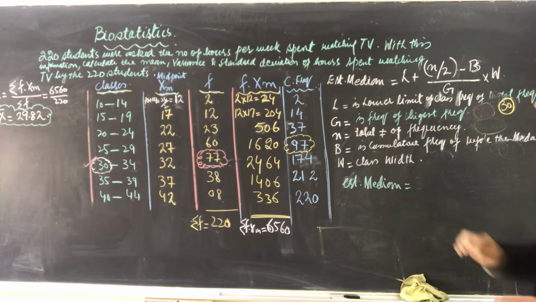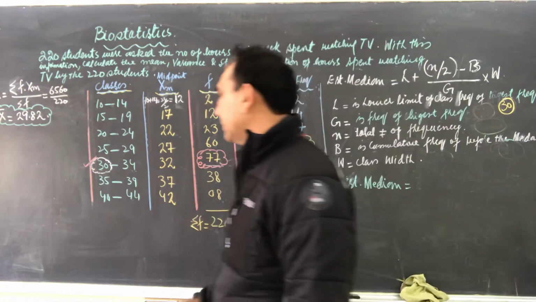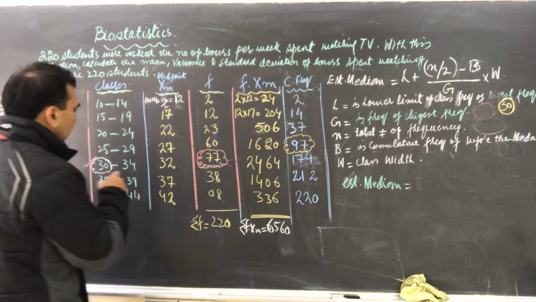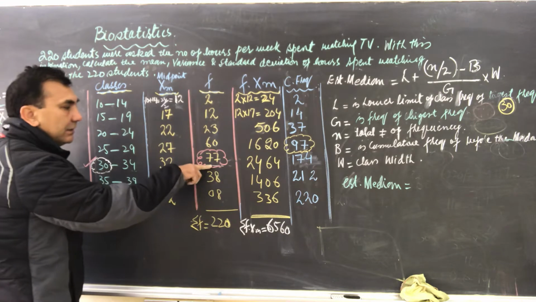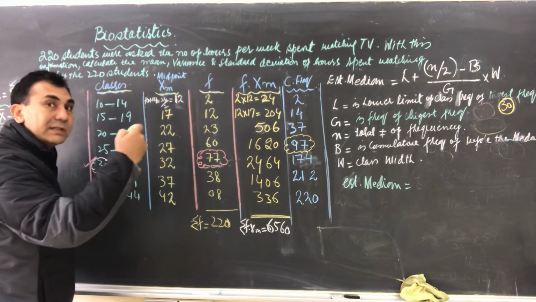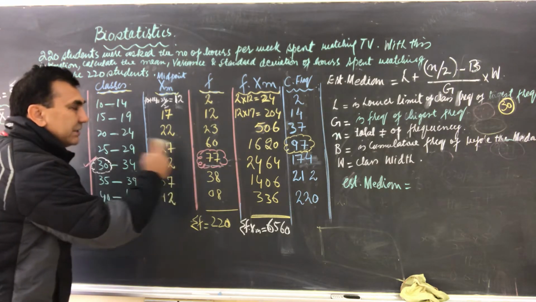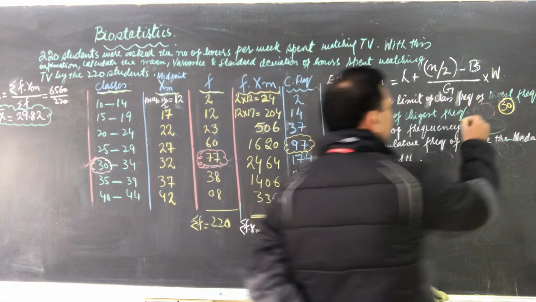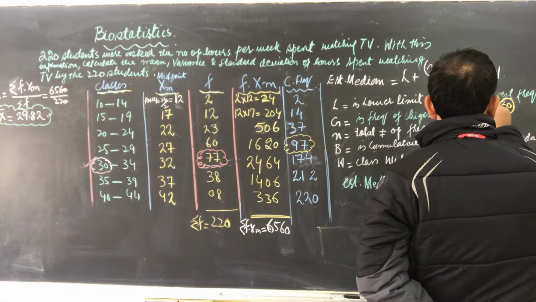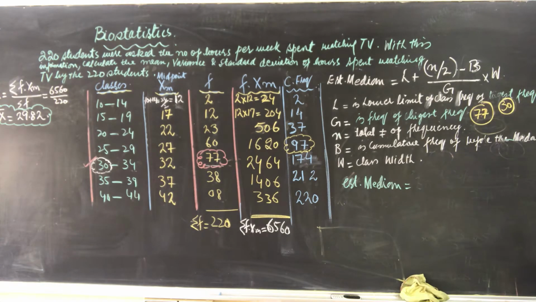Now what does G say? G is the frequency of the highest group, or the modal class. The fifth class has the highest frequency, 77. So it is the modal group, and 77 is G, the frequency of the highest group.